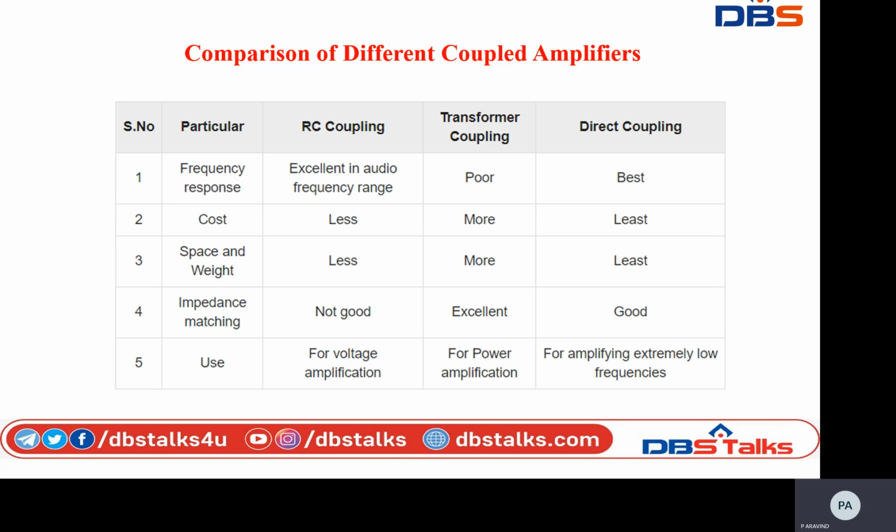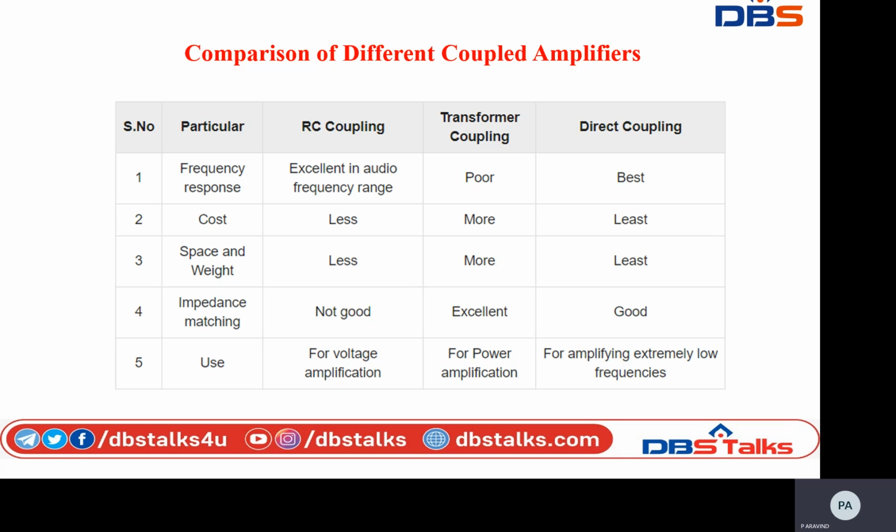Coming to the next category, cost. The cost of the RC coupled amplifier is less, nothing but low. The cost of the transformer coupled amplifier is more, and the cost of the direct coupled amplifier is least, nothing but very low.